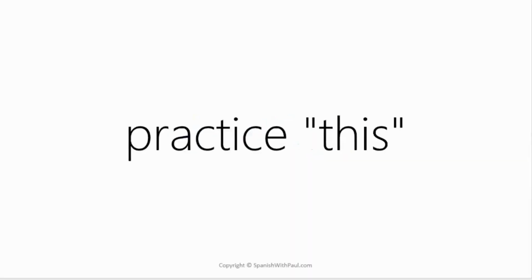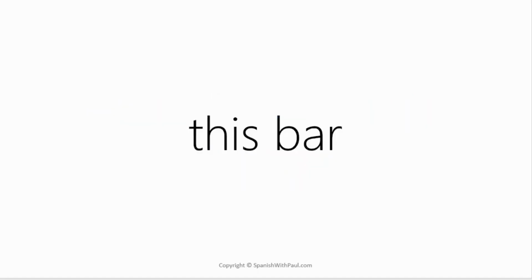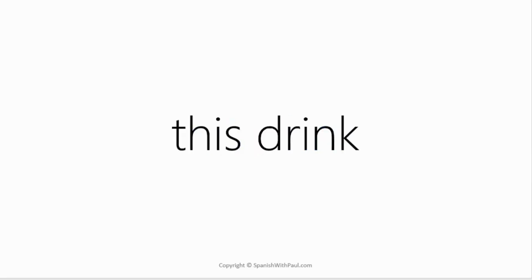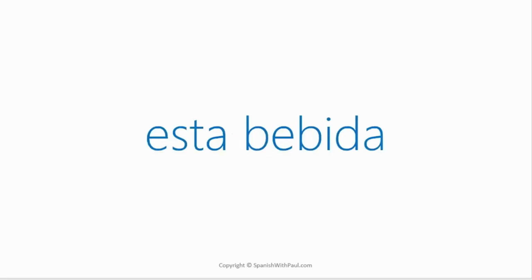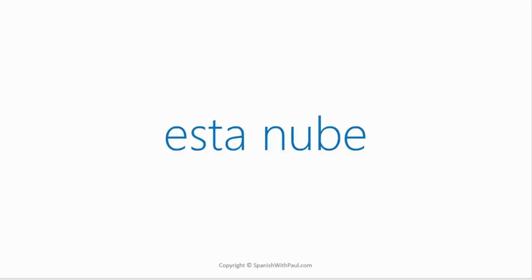Now let's practice applying the correct version of this to those nouns. How would you say this pool? Esta alberca, esta piscina. This bar, este bar. This drink, esta bebida. This cloud, esta nube.